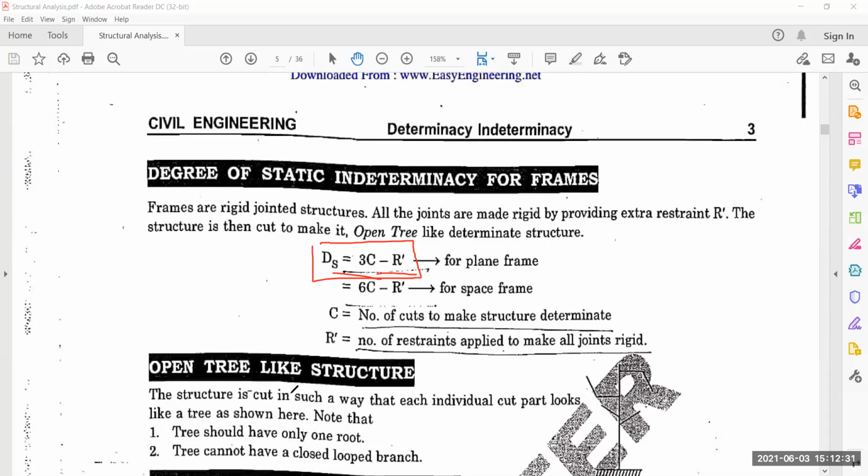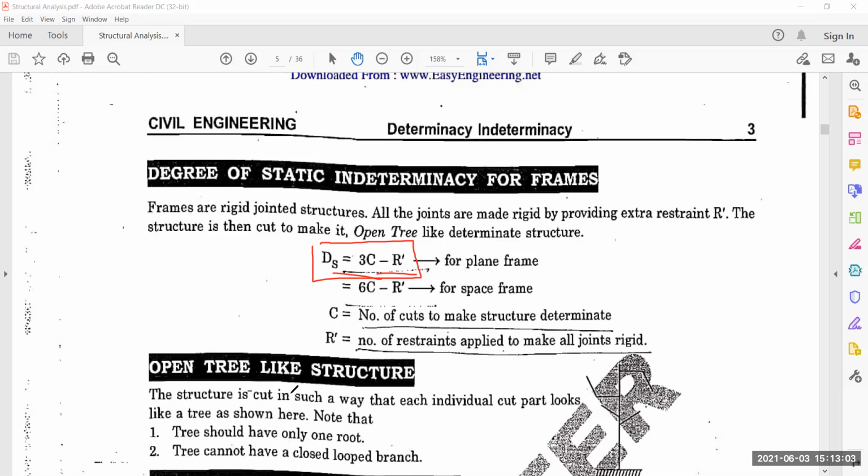Sir, at first we see which type of frame and the supports of the frame. We make them cantilever beams. The supports we will make fixed, and the amount of restraint required is to be added. After that, we will see whether an internal hinge is present or not.